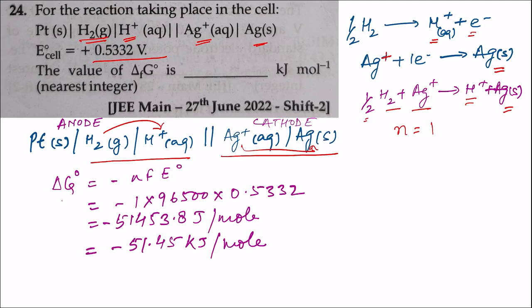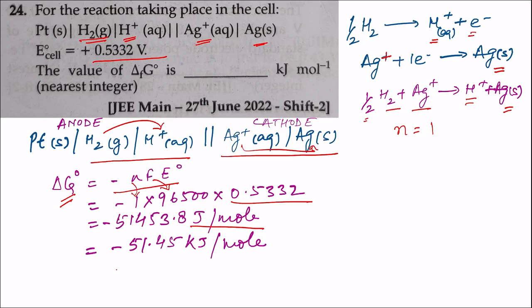Applying the formula delta G naught is equal to minus NF E naught. So minus N, value of N is 1, F is 96500 coulomb per mole, and E naught value is 0.5332 volt.